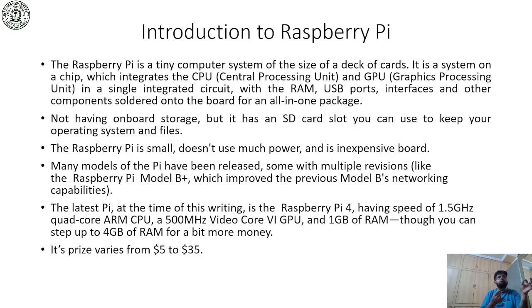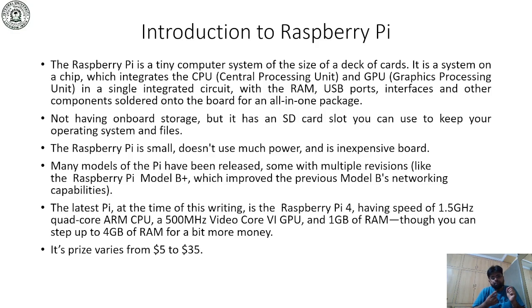Through a simple mobile charger, you can give power to the Raspberry Pi. A 3.3 volt to 5 volt supply is sufficient for the Raspberry Pi, and don't use a fast charger because it can damage our Raspberry Pi module.